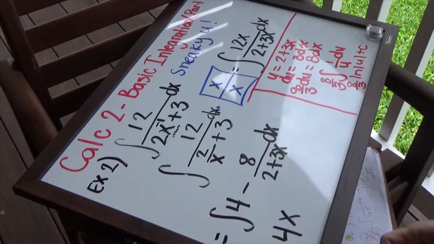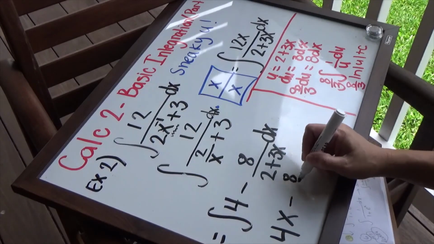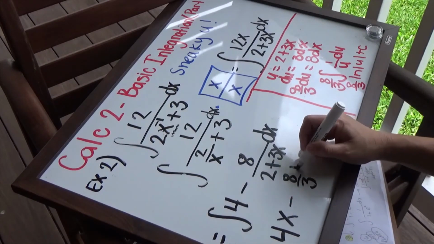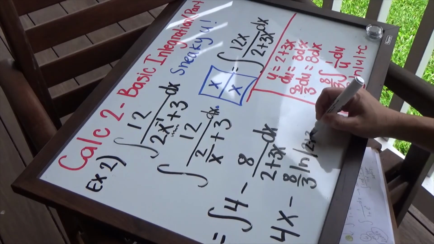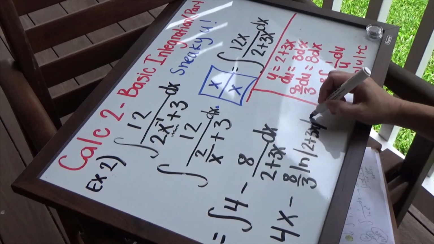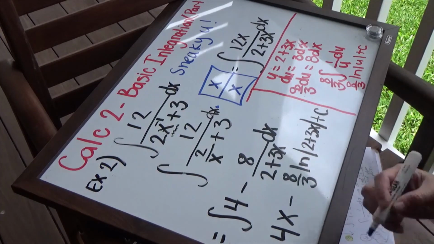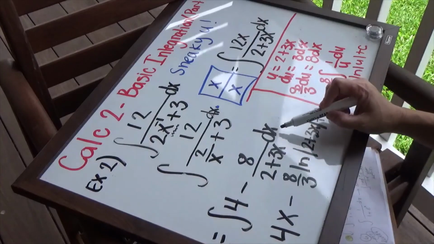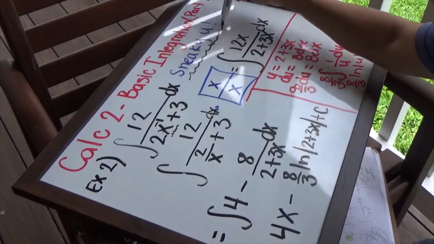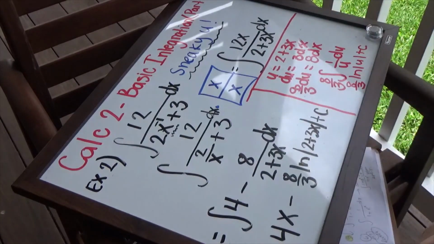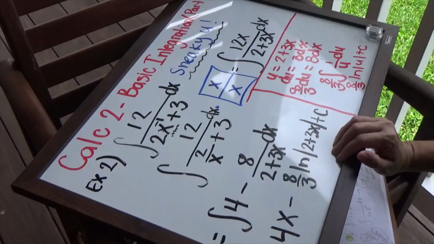Okay, so this becomes negative 8/3 ln of absolute value of 2 plus 3x plus c. That is a very, very sneaky u. Sneaky u. That's what we call this type of problem, where we gotta do something so that we can do that u substitution. All right.